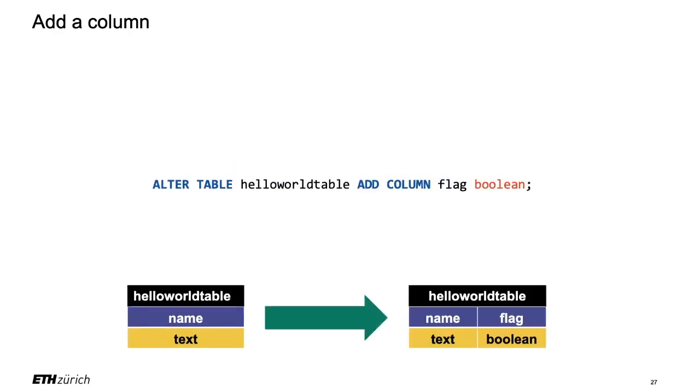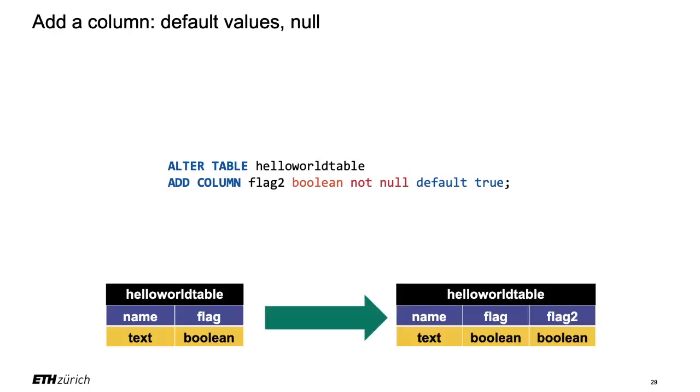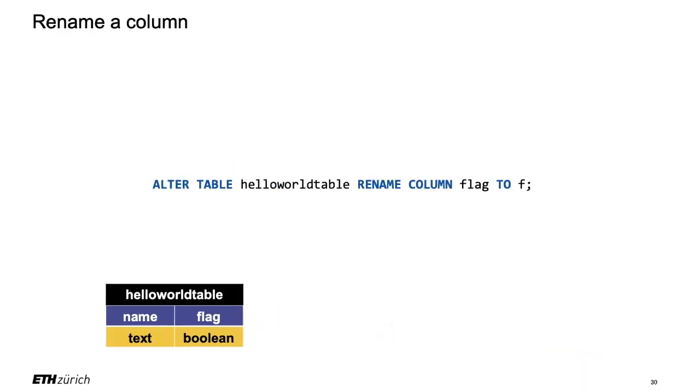So here it is going to be null added to every record, and here it's going to be true added to every record. And then, of course, you can modify the records with SET, as we saw before. Now we add another one, flag2, that is NOT NULL DEFAULT true. So flag will be null everywhere, and flag2 will be true everywhere when you do this.